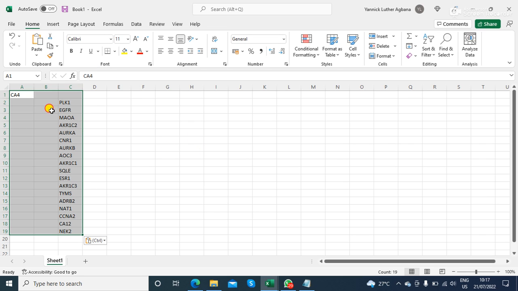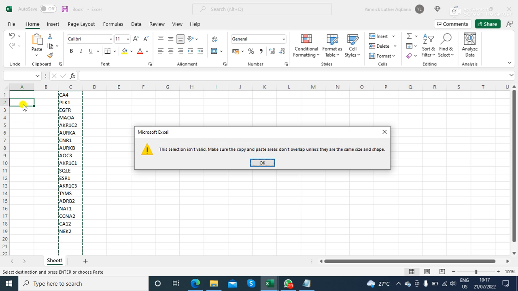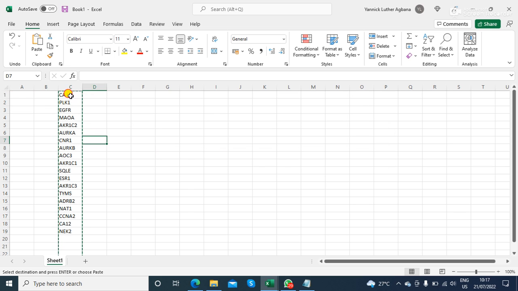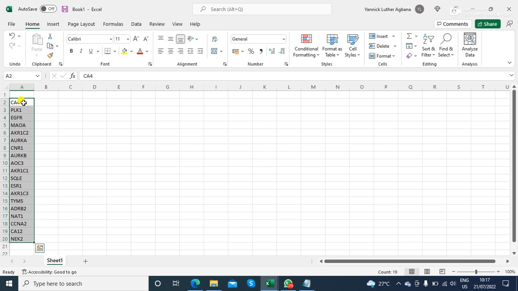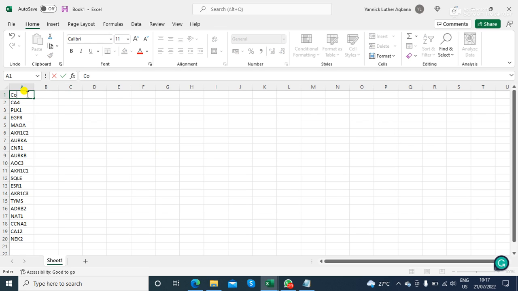We create the Excel file. So this is our common genes or common targets.